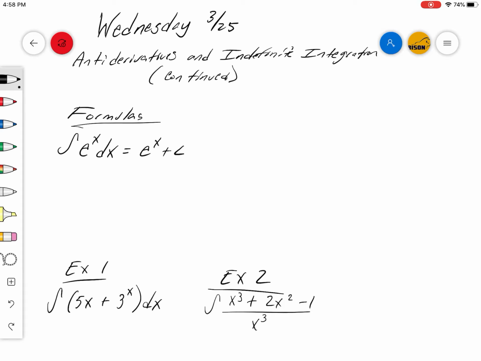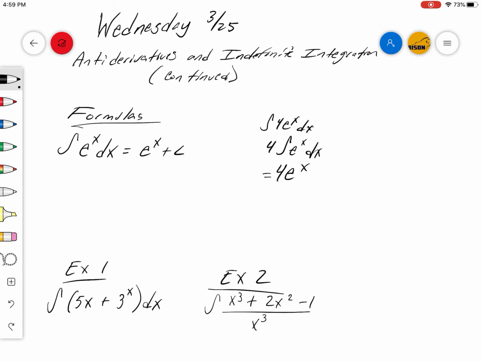If there's a number in front, just isolate it like we did on Monday, where you can take the whole number and put it out in front. For instance, if you've got the integral of 4e to the x dx, the 4 really just rides out front. You've got e to the x dx, and then it turns into 4e to the x again. So that's what that integral would be.